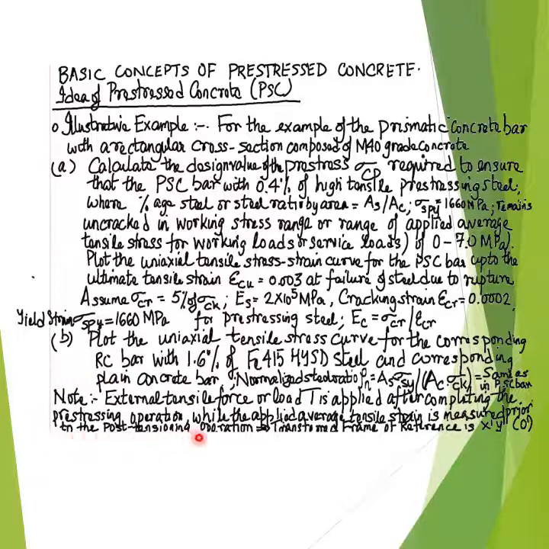After the completion of the pre-stressing operation, the state of stress that is measured for the externally applied average tensile stress is 0, while the state of strain that is measured in the pre-stressed concrete bar after the completion of the pre-stressing operation is equal to, or defined by, the pre-strain.